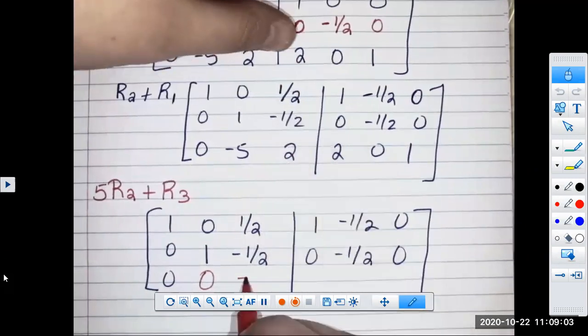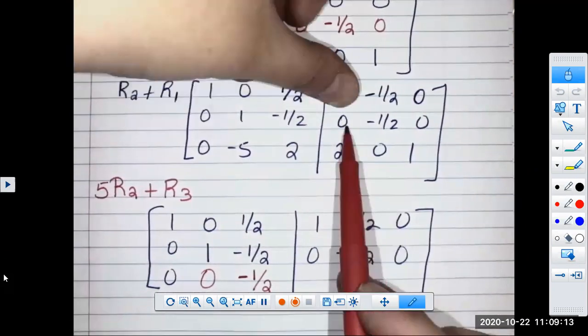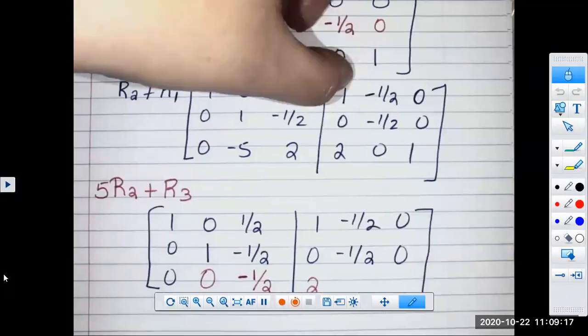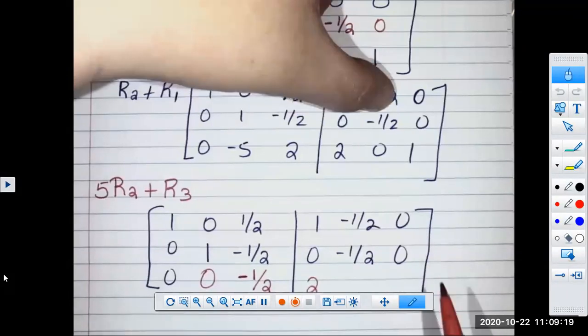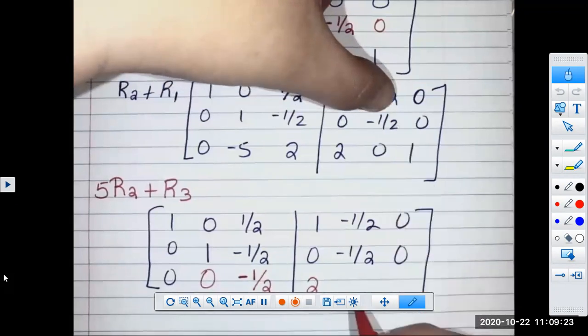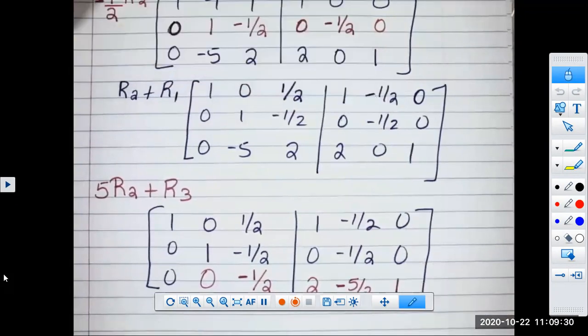So that's going to give you a negative 1/2. This times 5 is 0, so that's going to say 2. That will give you negative 5/2 plus 0 is negative 5/2. And 0, that's going to stay 1.